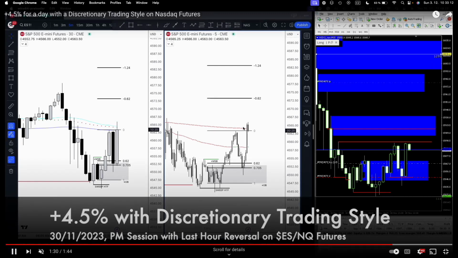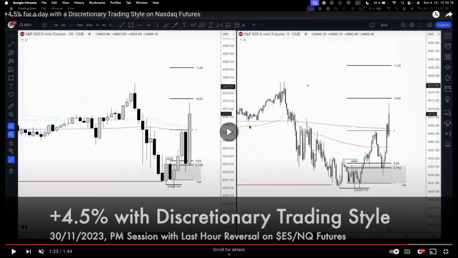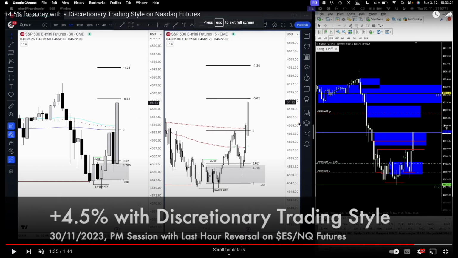Okay, we got the retest. You see? This is fascinating to see. The price didn't even give the traders on the opposite side a brief chance to cancel their orders or reestablish their position or premise. Not even brief. It was so quick, amazing.